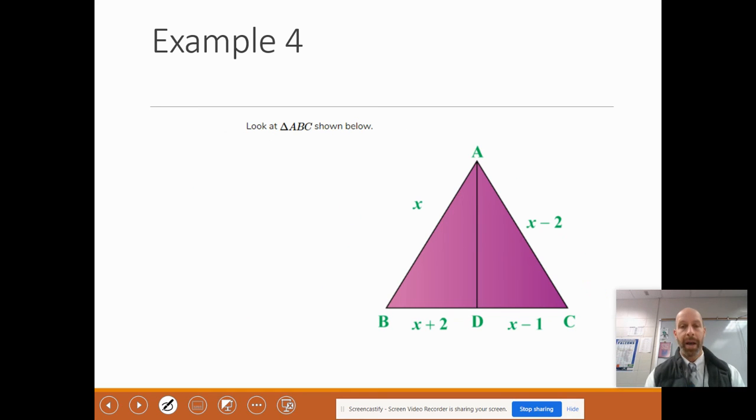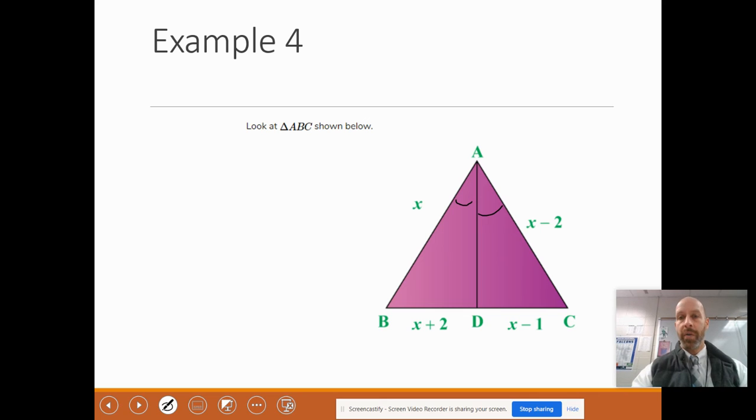All right, last but not least, I wanted to do an example here with a little bit harder algebra. And so here we go. Now I'm going to have to add a little bit to this. So what I've got to add to this is the following. Okay, and I didn't add this already. So for the sake of this problem, we're going to assume that those two angles are congruent.